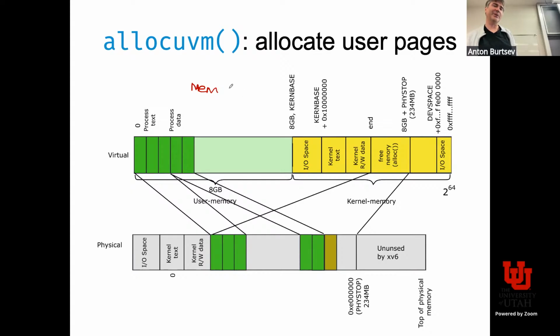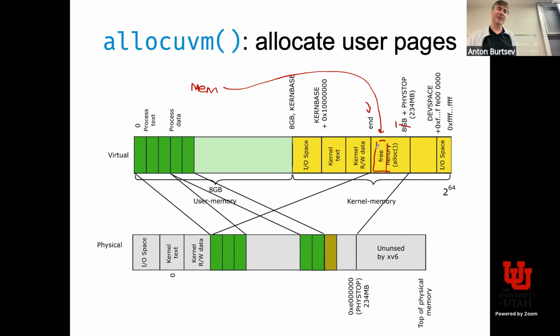To above the end symbol, right? Exactly here. On the exam, if I say give me a range for those addresses, the range will be something like kernel end to 8 GB plus physical stop.